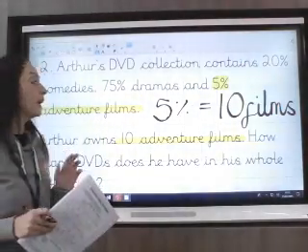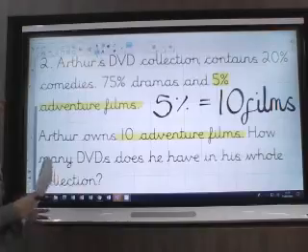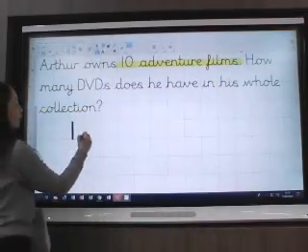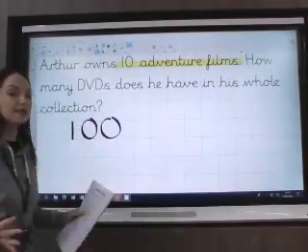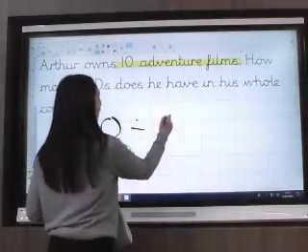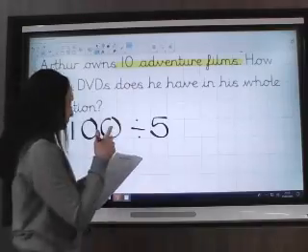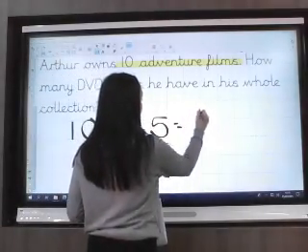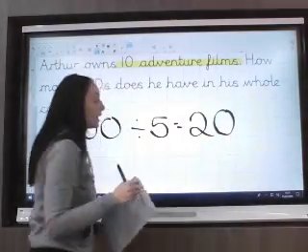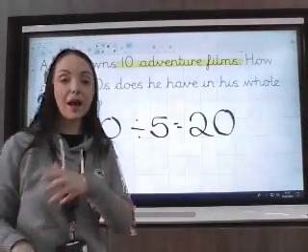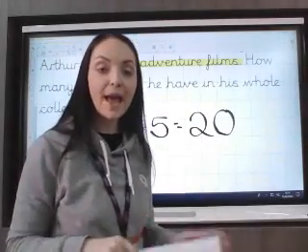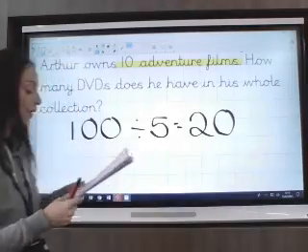We now need to do 100, because we know we're working with 100%, aren't we? Divided by 5, because that's how many percent it was. So 100 divided by 5 is 20. And then if you multiply that by 10, that will give you your answer. So you finish that one off.